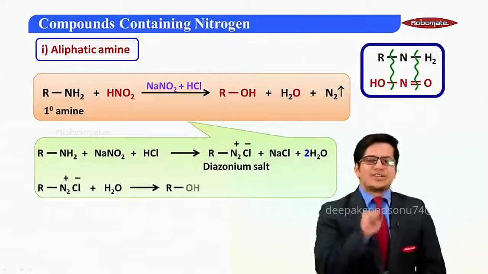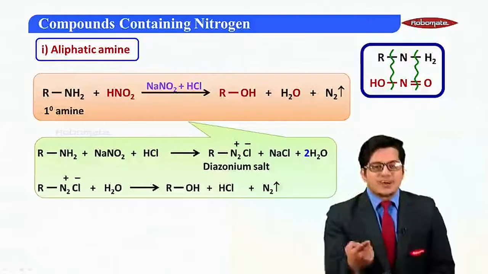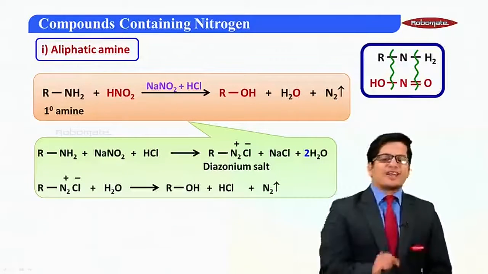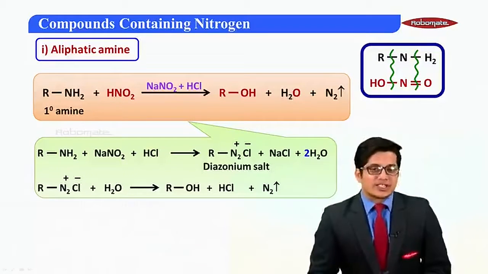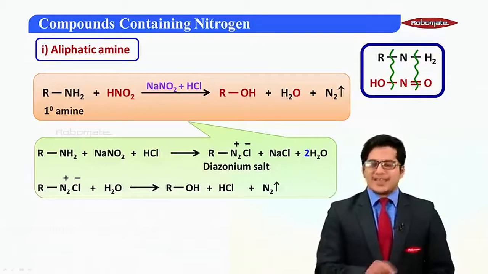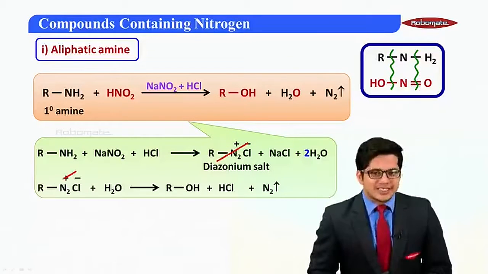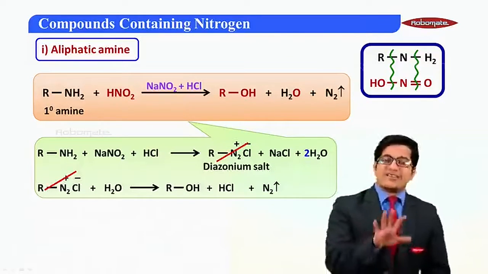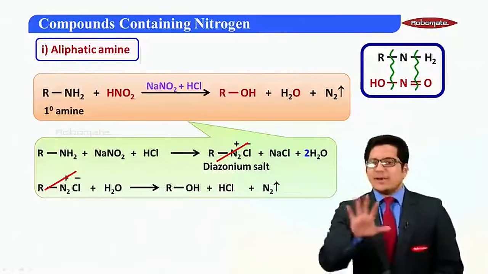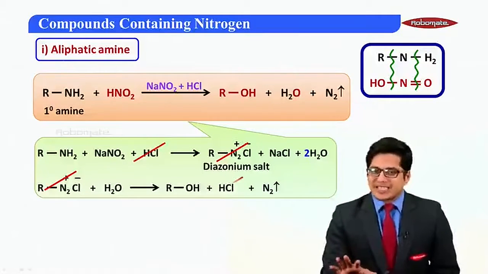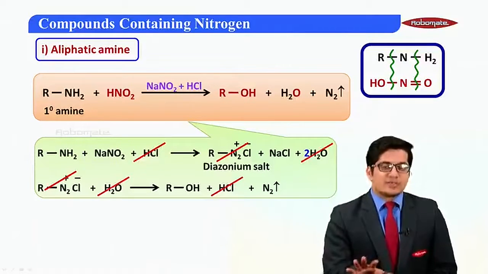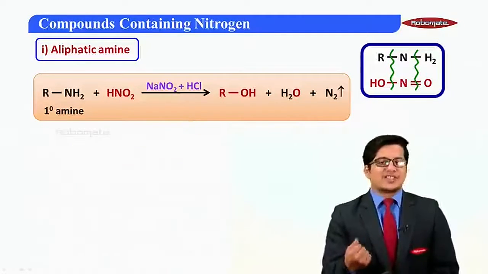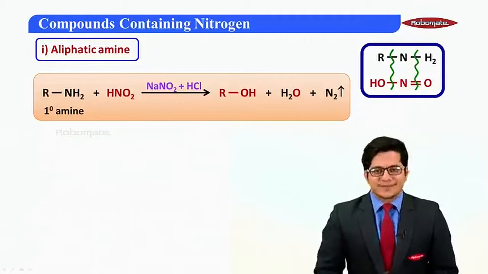When this diazonium salt reacts further with water, it gives alcohol, HCl and N2 gas, which is liberated. But in the exam we need not write this. So the net result of the reaction is that the diazonium groups get cancelled out, HCl gets cancelled out, and the net reaction remaining is the reaction in your orange box.